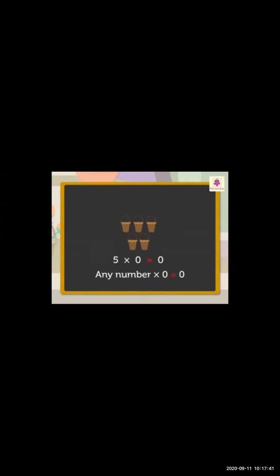Here, there are 5 baskets, but there are no flowers in each. There are 0 flowers in each. So, 5 into 0 is equal to 0. Thus, we say that if 0 is multiplied to any number, the product is always 0.